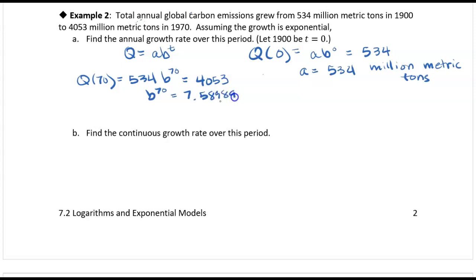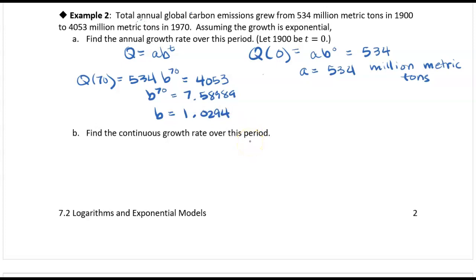989, for accuracy's sake. So I just put that in the calculator, take it to the 1/70th power, I get 1.0294. Okay.